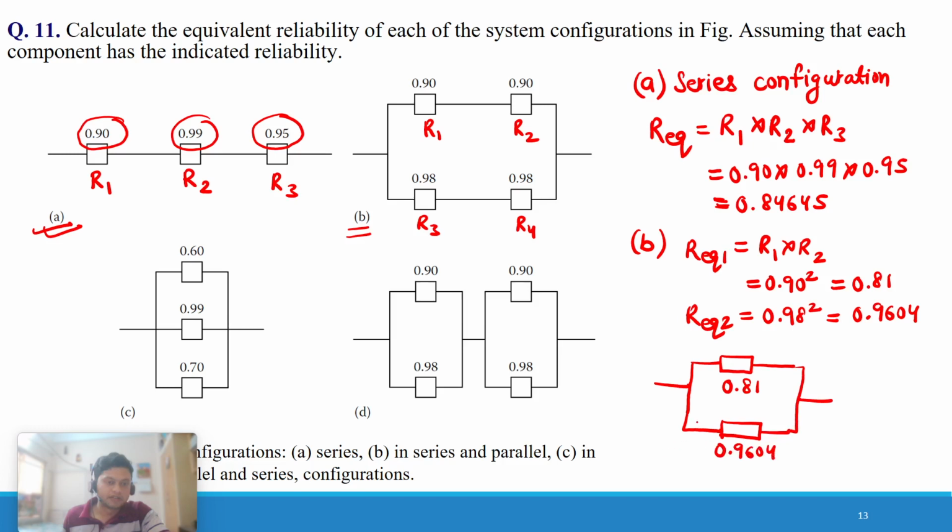Now you have to find out the equivalent reliability. We know that for a parallel combination, you write the equation as 1 minus, 1 minus 0.81 for the first component, and for the second component 1 minus 0.9604.